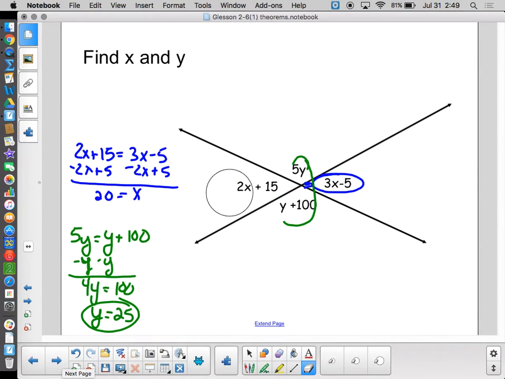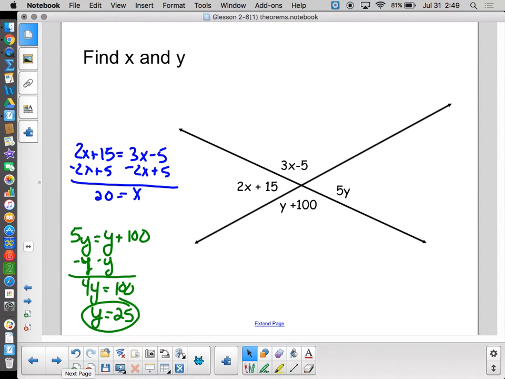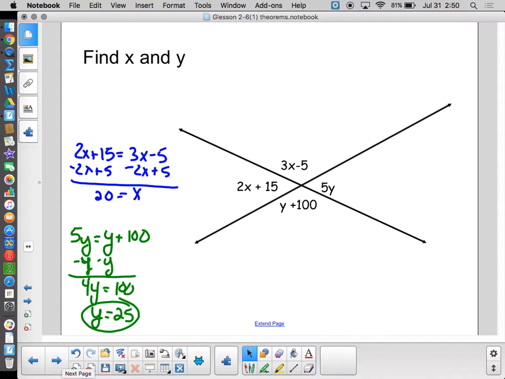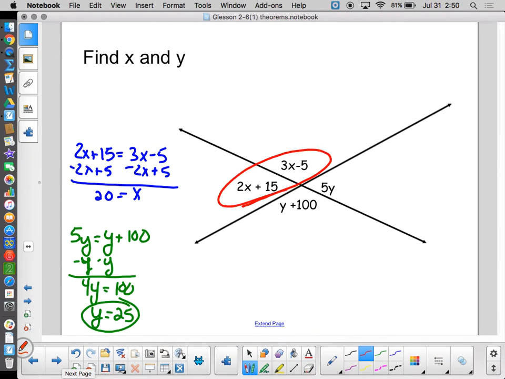But I could give you the exact same picture and do a little bit of changing around here. And we're going to get completely different equations, aren't we? Because now I have a situation where we have linear pairs. I'm going to do a different color so we can justify that. The x's are a linear pair.